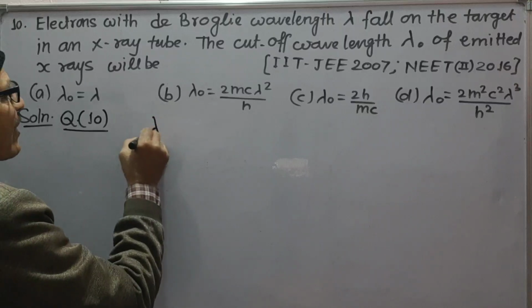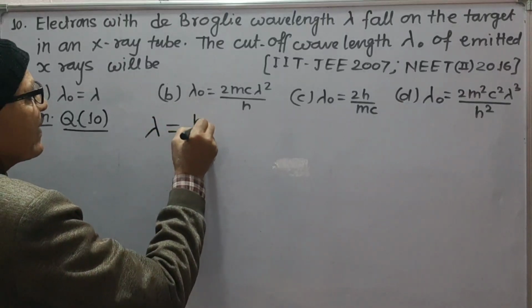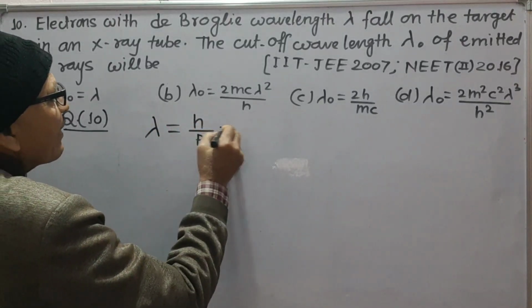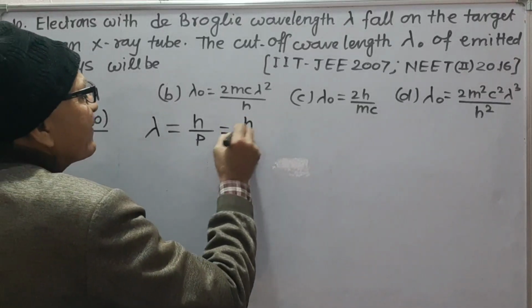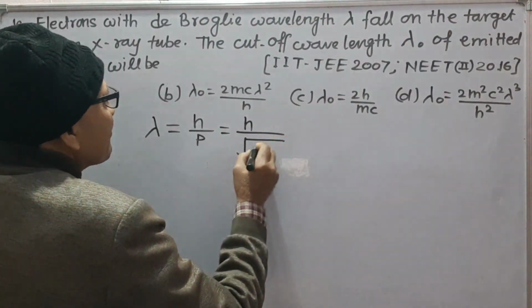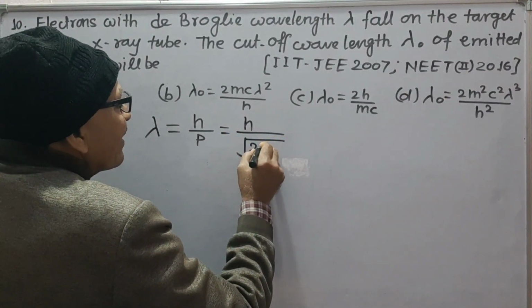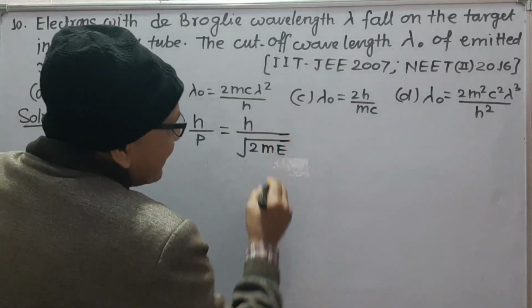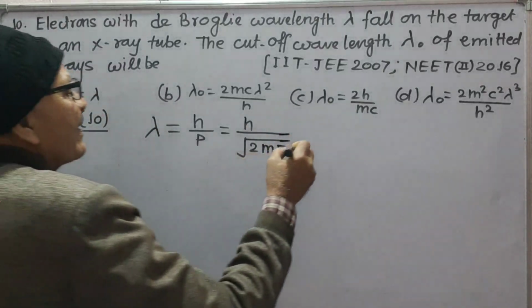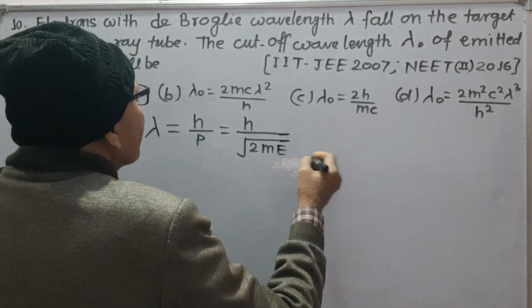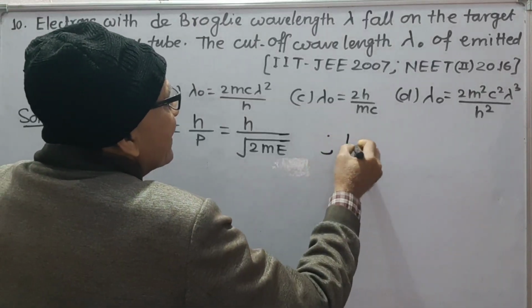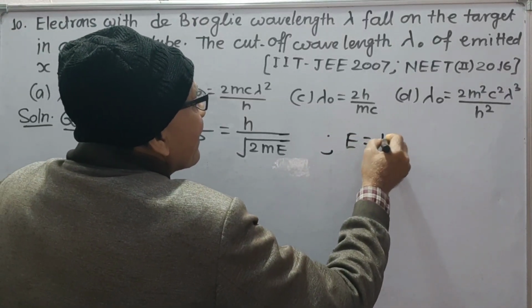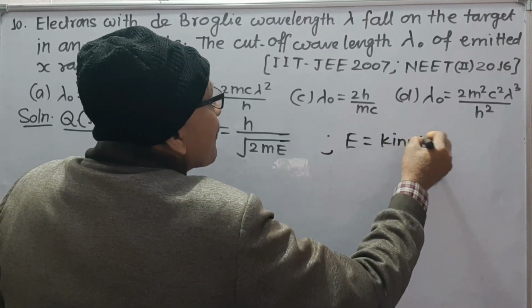We know de Broglie wavelength lambda is equal to h upon root of 2 m into E, where E is energy of incident particle or kinetic energy.